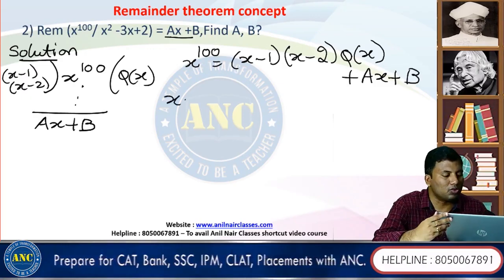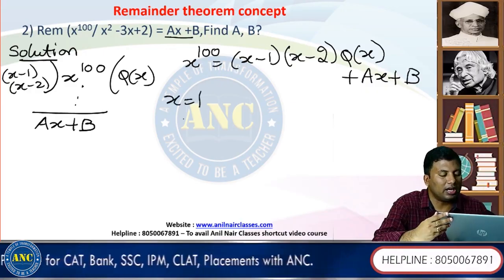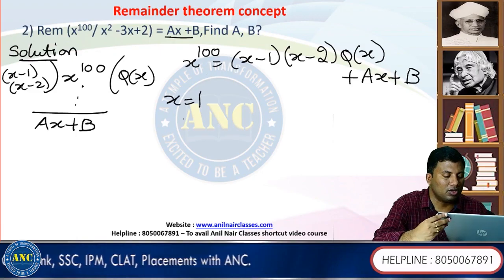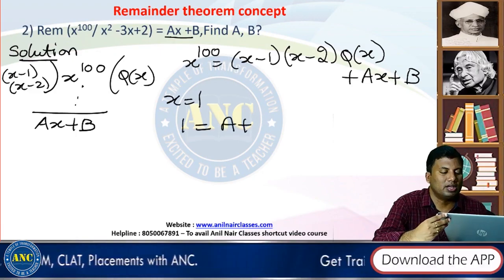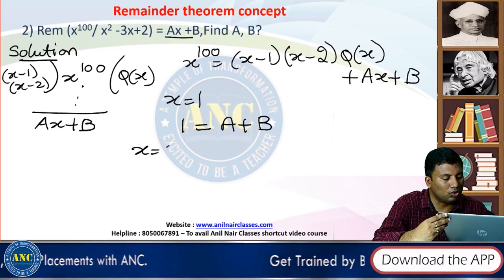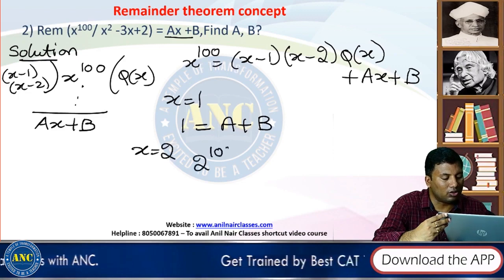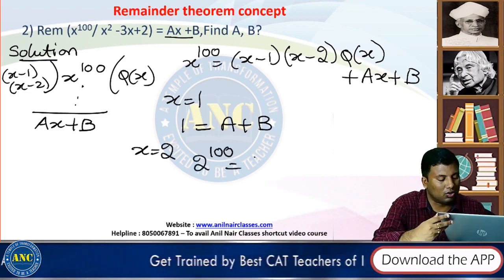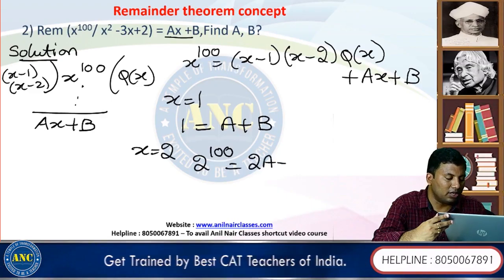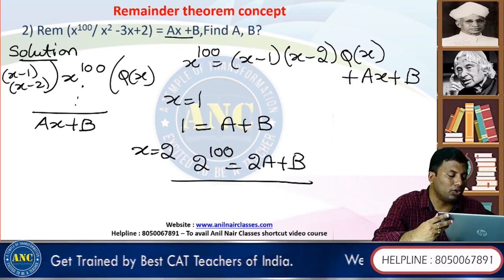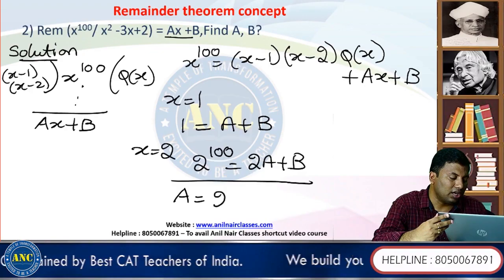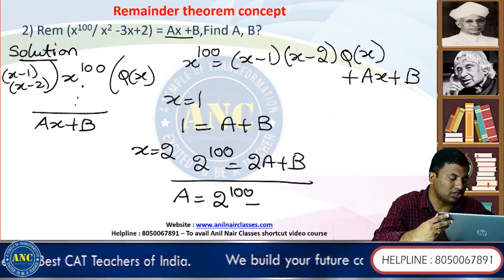Same thing, substitute x equivalent to 1. 1 equivalent to 1 minus 1, 0, plus a plus b. Substitute x equivalent to 2. 2 power 100 equivalent to 2 minus 2, it is 0, plus 2a plus b. So if I subtract, 2a minus a is a, which is 2 power 100 minus 1.